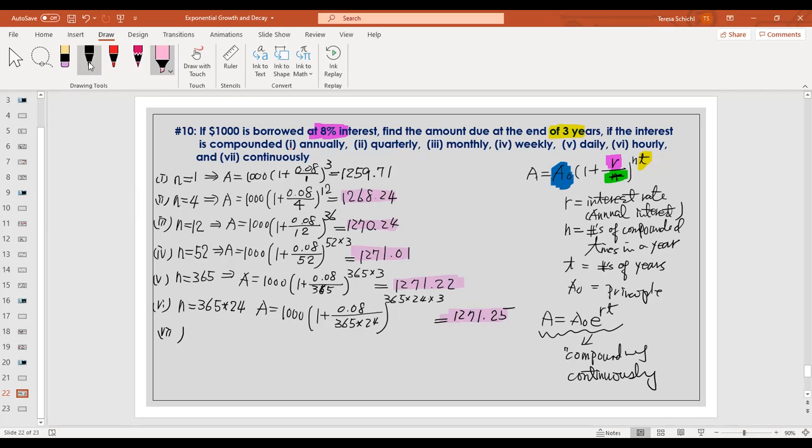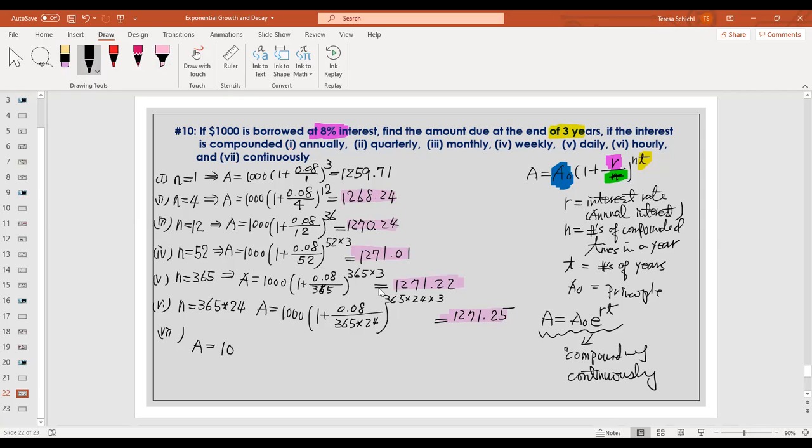So it seems like when you compound more and more frequently, the amounts converge to a number, right? So now let's take a look. If I compound continuously, that means I'm compounding every second, every tenth of a second.